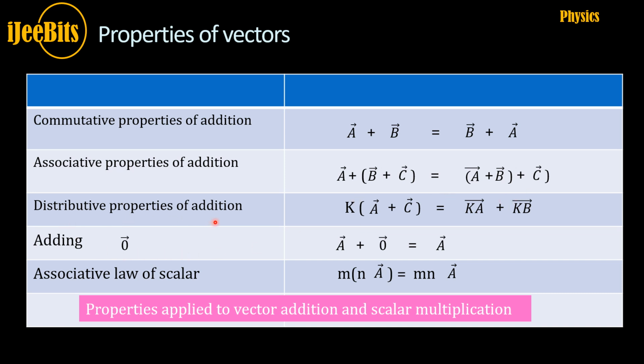Distributive property, scalar quantity K multiplied by (A plus B) is equal to K times A plus K times B. Adding a zero vector, the null vector, means there is no change in the vector: A plus 0 equals A. Associative law with the product of scalar quantities: m into n times A equals mn times A. So this is how we can simplify our vector algebra problems.